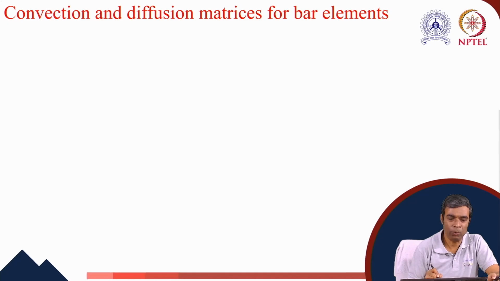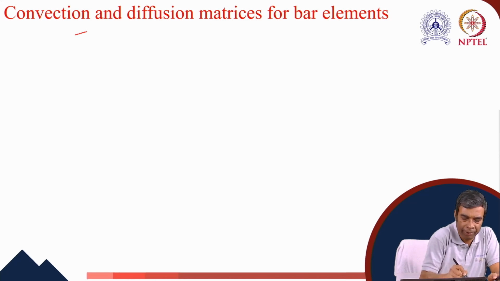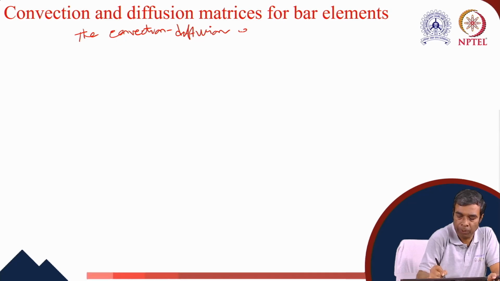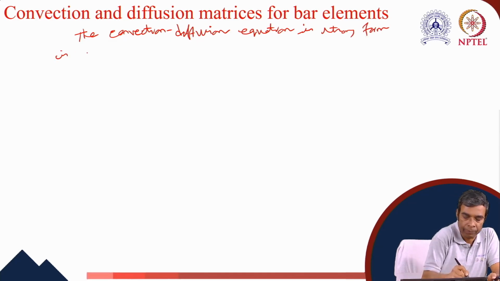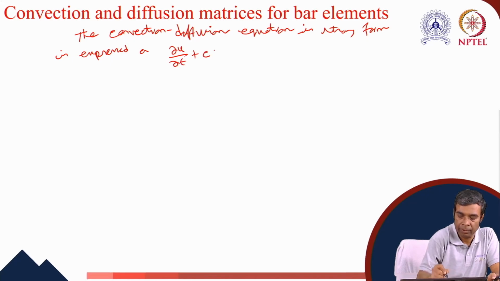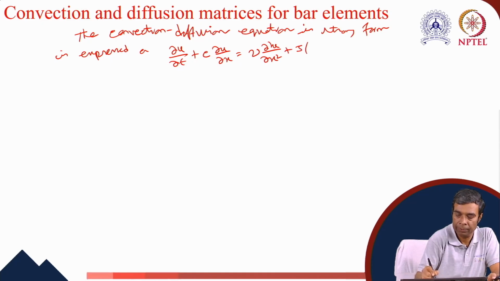Now, we shall show the convection and diffusion matrices for the bar elements. The convection diffusion equation in strong form is expressed as del u del t plus C del u del x equals nu del 2u del x2 plus Sx.